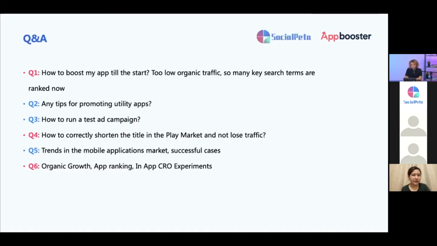We get a lot of questions on organic growth and app ranking, and we considered these topics in our report. But the question on in-app CRO experiments is extremely important. If I got you right, we're talking about conversion optimization inside the app. It's nearly impossible to make the right decision on product changes straight away and not harm the metrics at the same time.